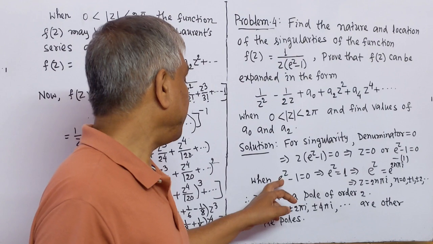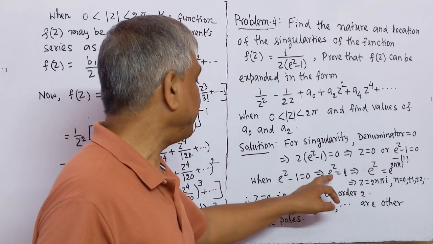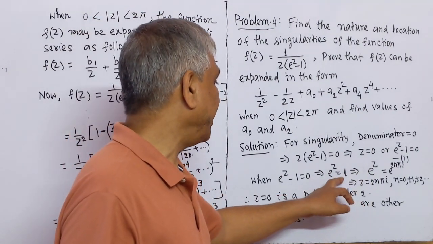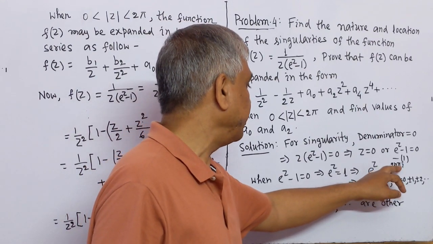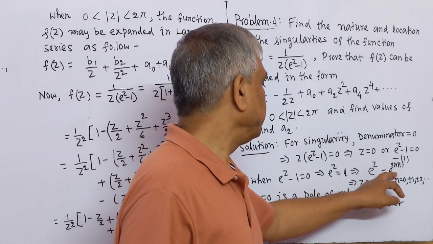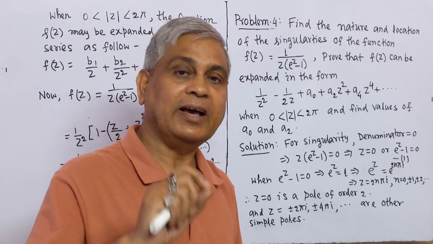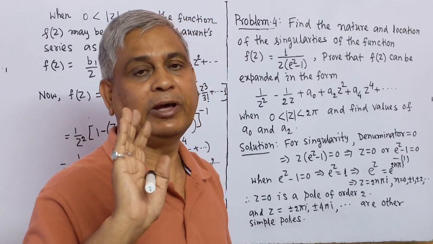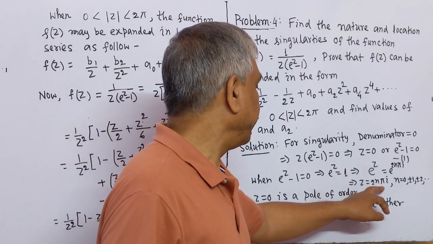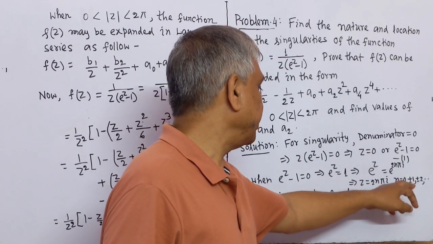When e to the power z minus 1 equal to 0, it implies that e to the power z equal to 1, which means e to the power 2n pi i, since e to the power 2n pi i means cos 2n pi plus i sin 2n pi, and the value of this is 1. Here z equal to 2n pi i, n equal to 0, plus minus 1, plus minus 2 and so on.